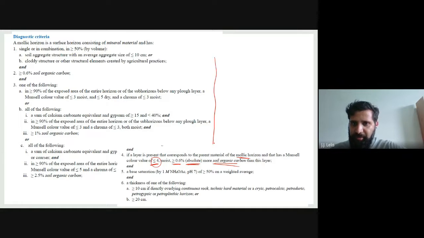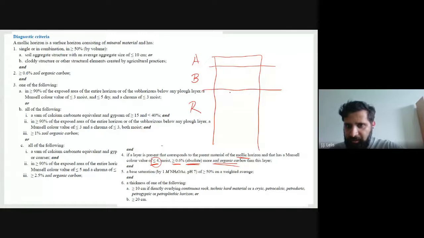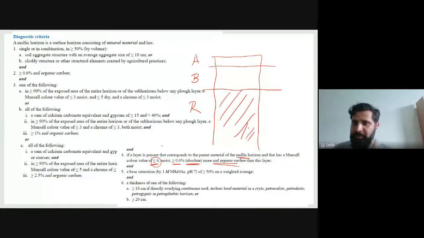So if we present here a horizon that I think is the mollic horizon, another horizon like A and B, and here's the rock, and here's the parent material.